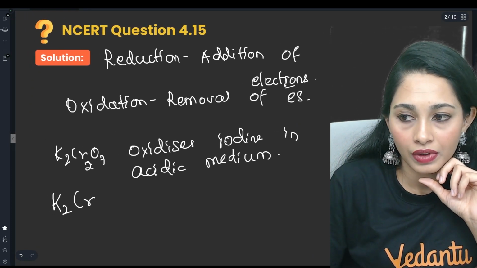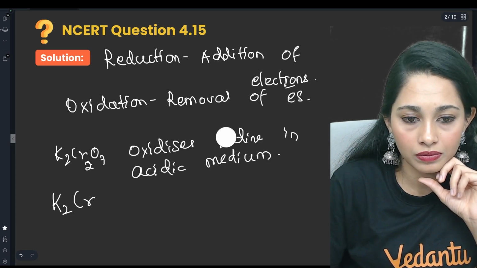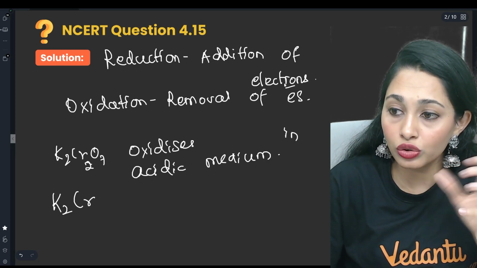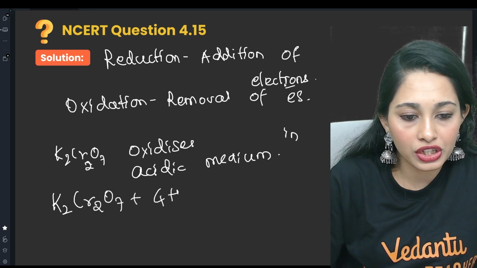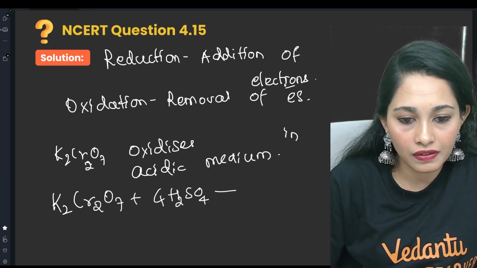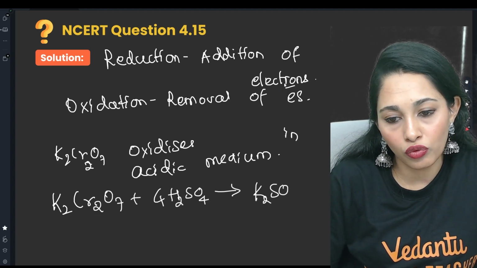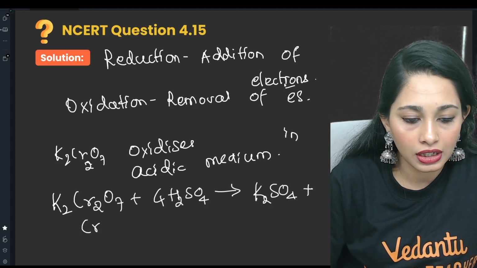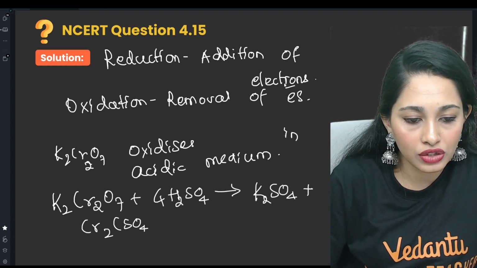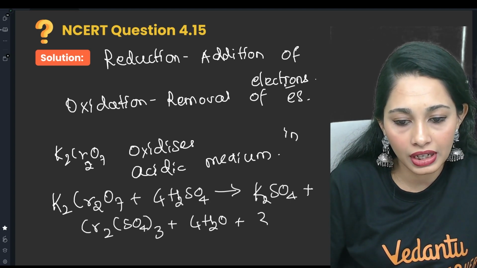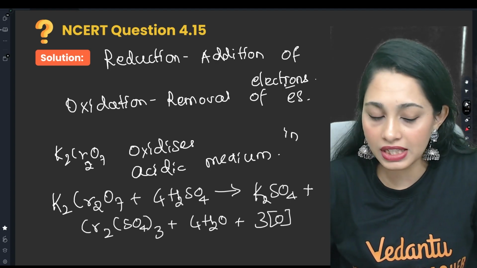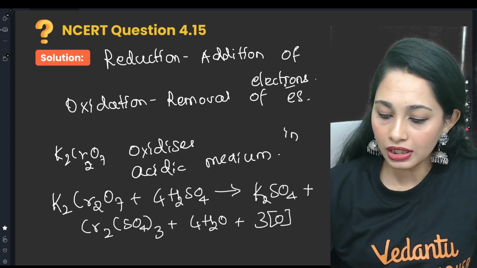K2Cr2O7 plus 4H2SO4 gives K2SO4, potassium sulfate, and chromium sulfate, Cr2(SO4)3, 4H2O, and 3 oxygen, nascent oxygen. Okay, so this is the reaction.